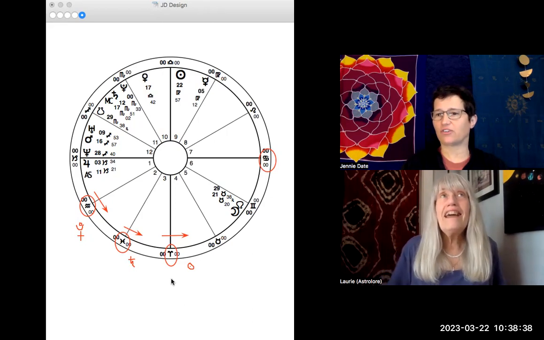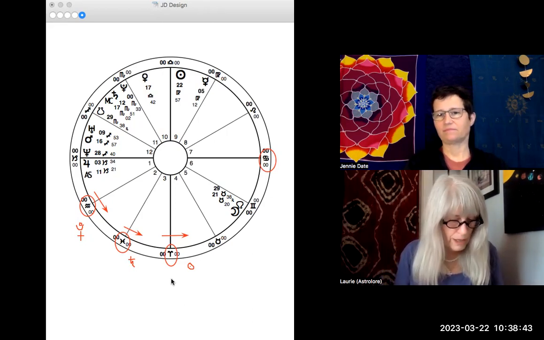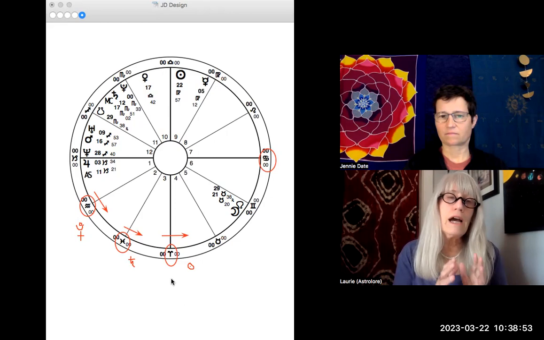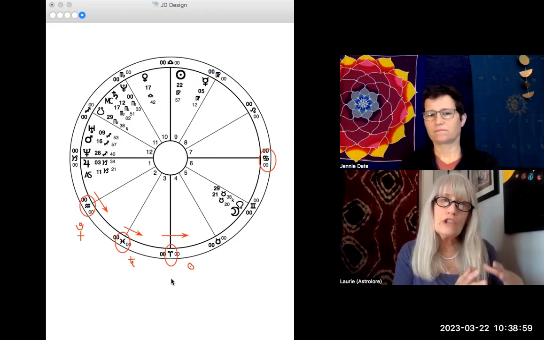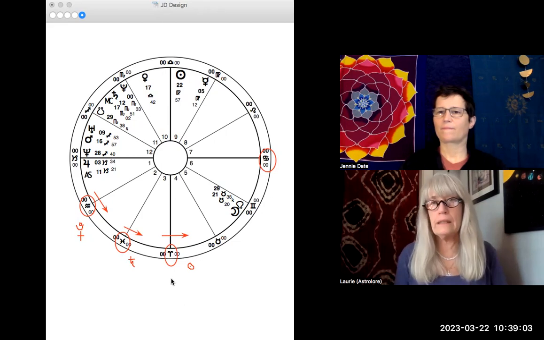I love how you said earlier something that really hit me, this whole idea that our purpose is not to predict. Our purpose is to show us how the energies are changing so that we can create.